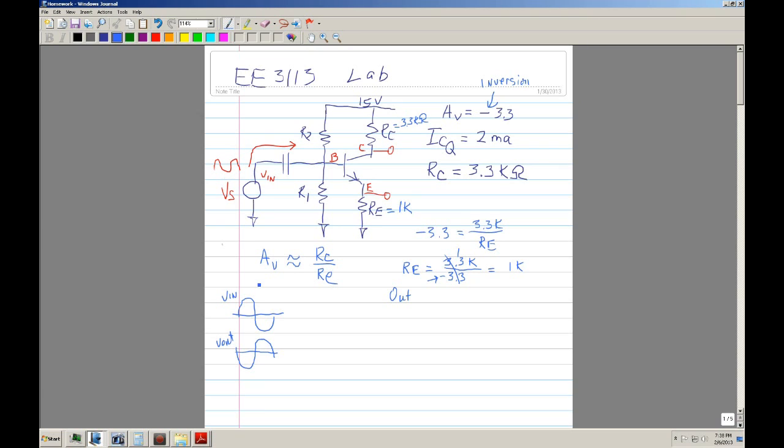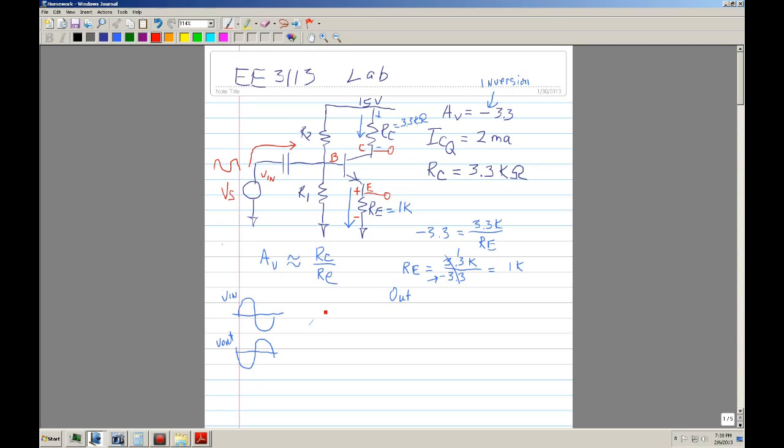Now, when they say IQ, this current, remember this is positive? The current is going to go in this direction, so this is positive, negative.